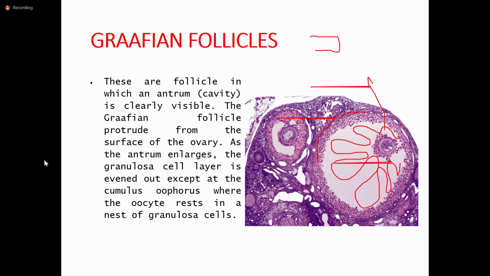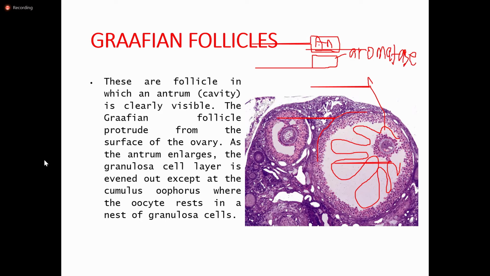Say we have here the theca cell. The theca cell will produce the androgen. And then adjacent to the theca cell, we have the granulosa cell here. In the granulosa cell, we have this aromatase enzyme that could possibly convert androgen into estrogen.